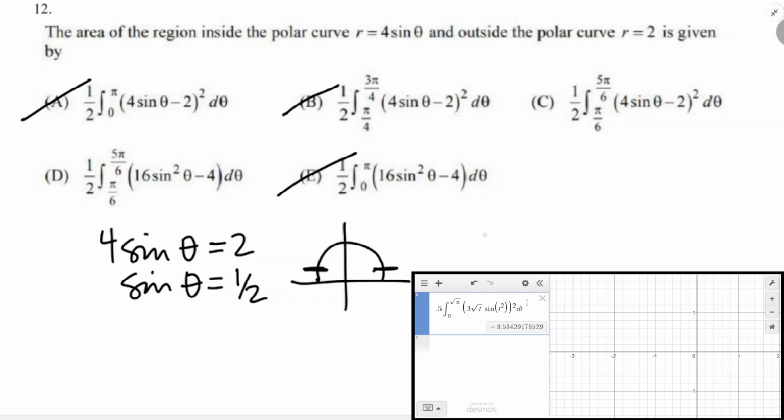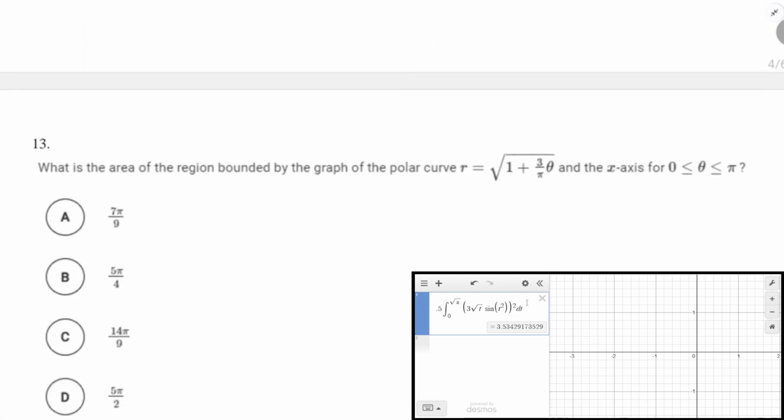So if I square that, that would be 16 sine squared theta minus the inner curve that we want the area outside of, which would be 2 squared, which is here. There we go. No, it's outside squared minus inside squared, not one minus the other squared. Okay.